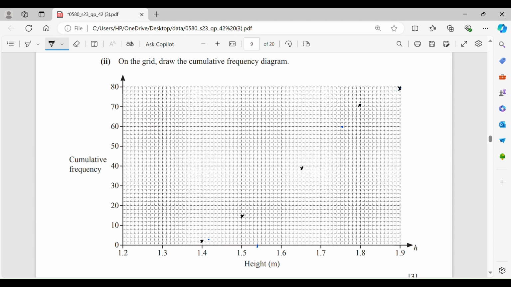So we will draw up here. Let me join. This is our cumulative frequency diagram. Next part.